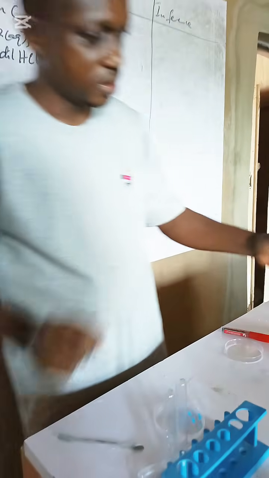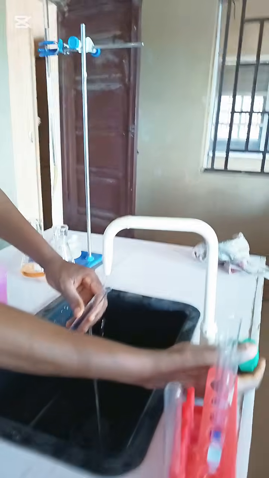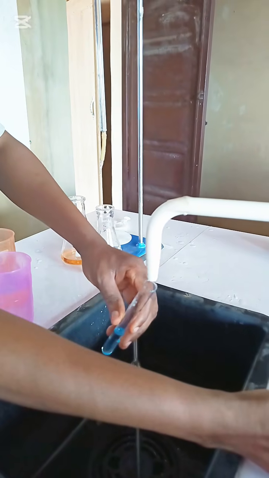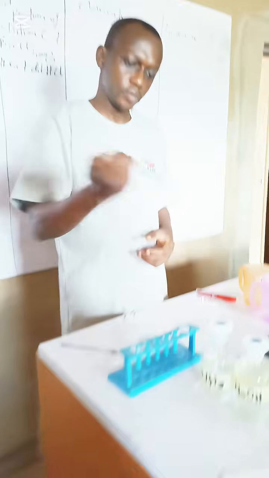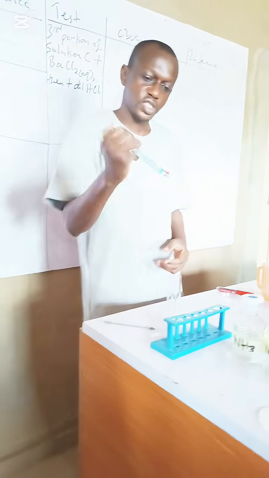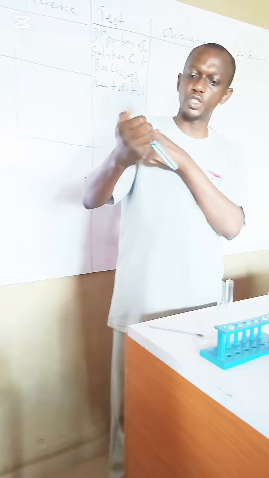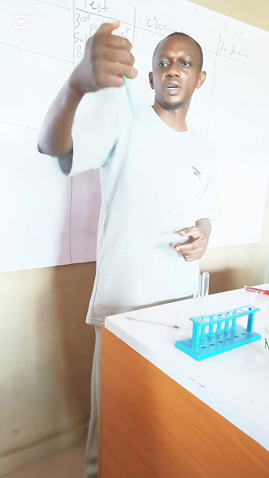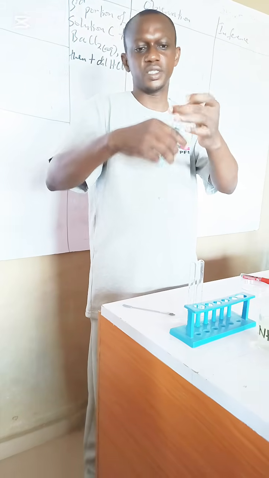Let's add water, and after adding water, we need to shake properly. Whether you are told from the instruction to shake or not, you still need to shake, and see how it reacts.